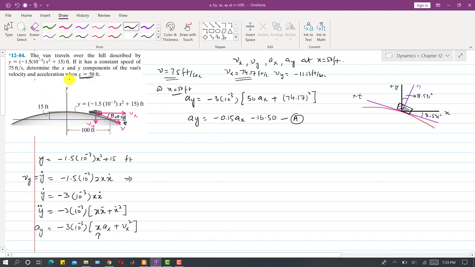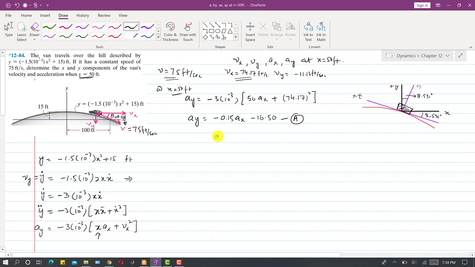Now in this statement we are given that this car has a constant speed of 75 feet per second, and as I have discussed, this constant velocity of 75 feet per second is tangent to the path. So this means that if we find the tangential acceleration, the acceleration which is parallel to this tangent line, then that acceleration will be 0.